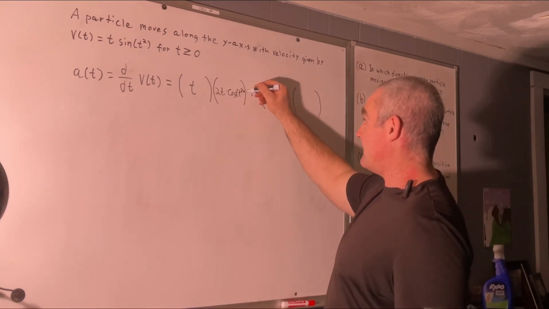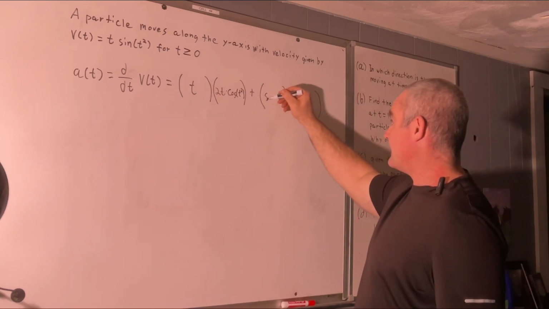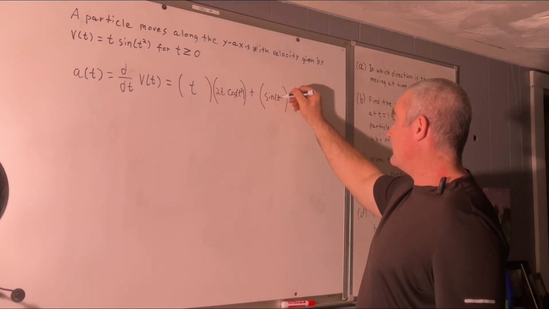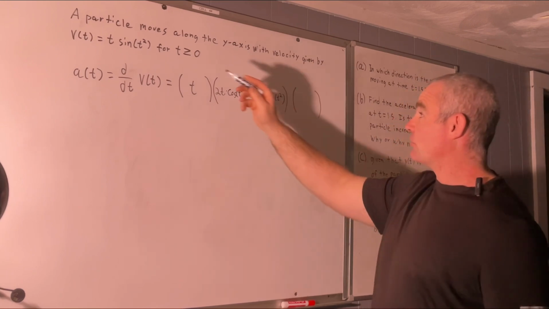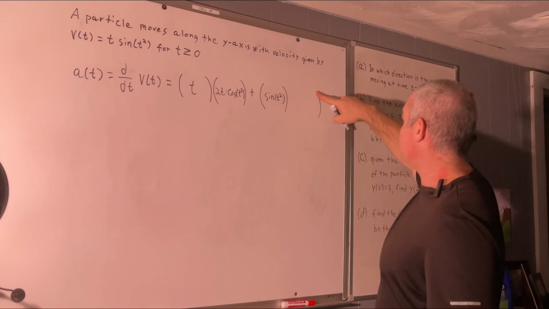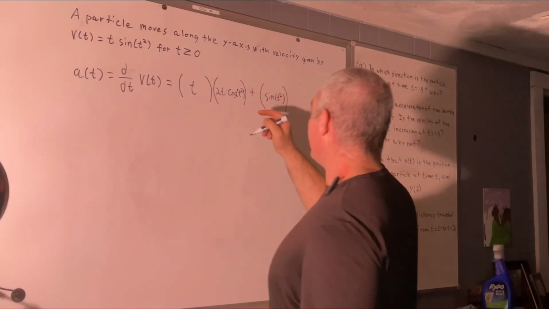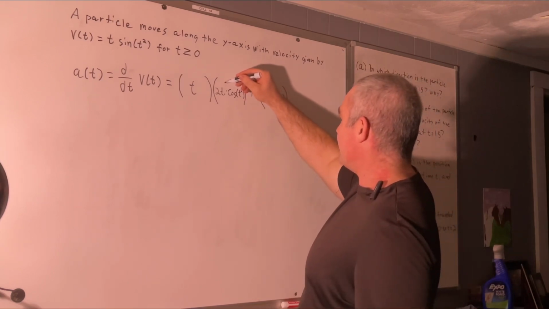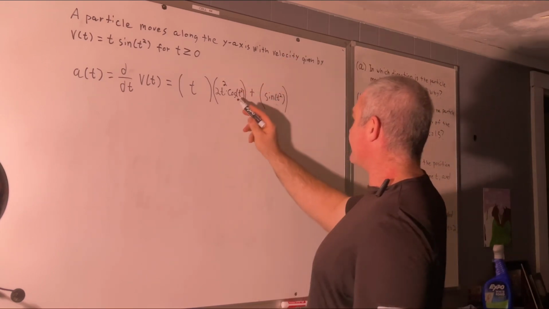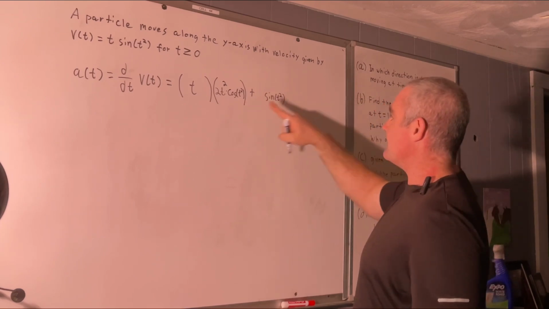That stays the same. Plus the second, sine of t squared, times the derivative of the first, which is just 1. So we'll get rid of that. And then all together, this is going to become 2t squared cosine t squared plus sine of t squared.